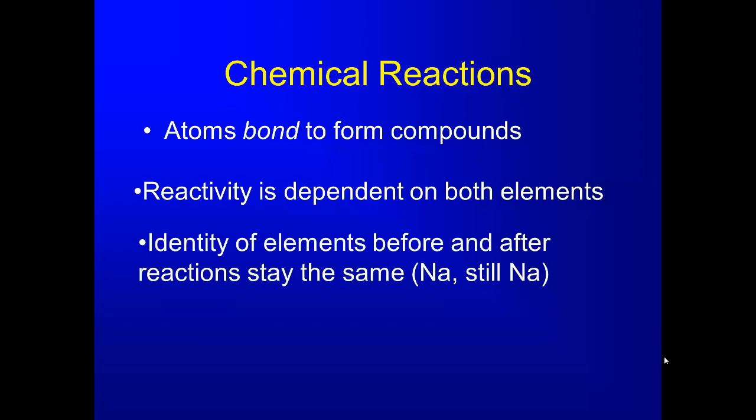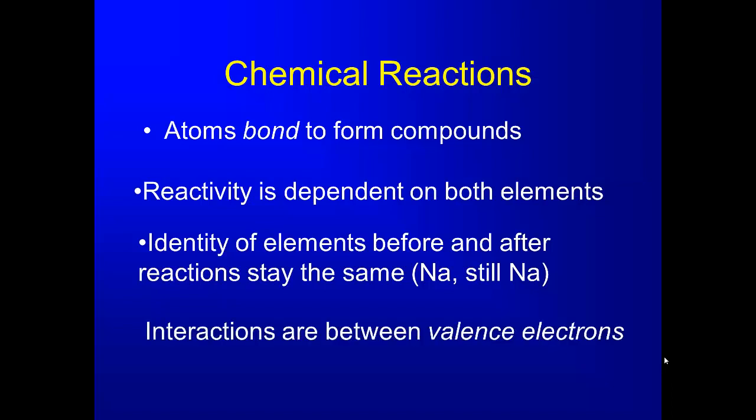A key thing, when we start balancing, we're going to have sodium on both sides of the arrow. I had sodium, maybe neutral sodium, and sodium as an ion, but it's still sodium. And the fourth thing, when we're talking about chemical reactions, we're talking about a change in the valence electrons, the outer shell electrons.